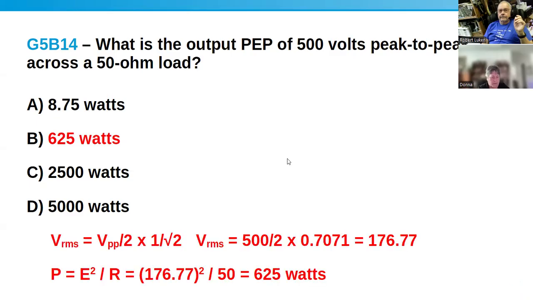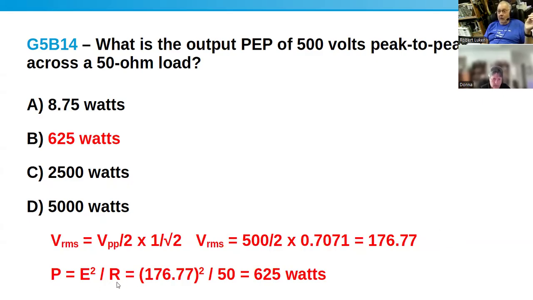Okay. I don't know if my brain's getting fried or what. All right, so we divided the volts peak to peak by 2 to get peak, right? So that's 250, and multiplied it by 0.707 or divided it by the square root of 2, whichever way you want to do it. That gives us the RMS value of 176 or 177, round it.